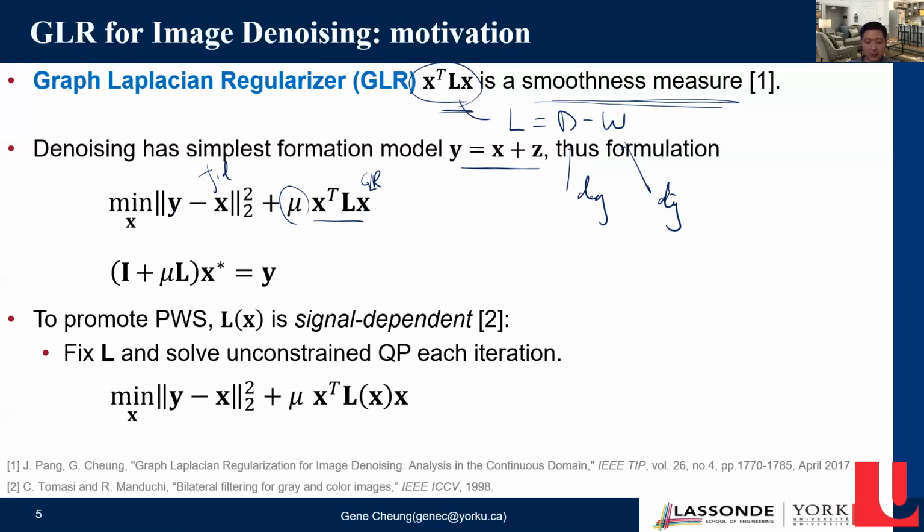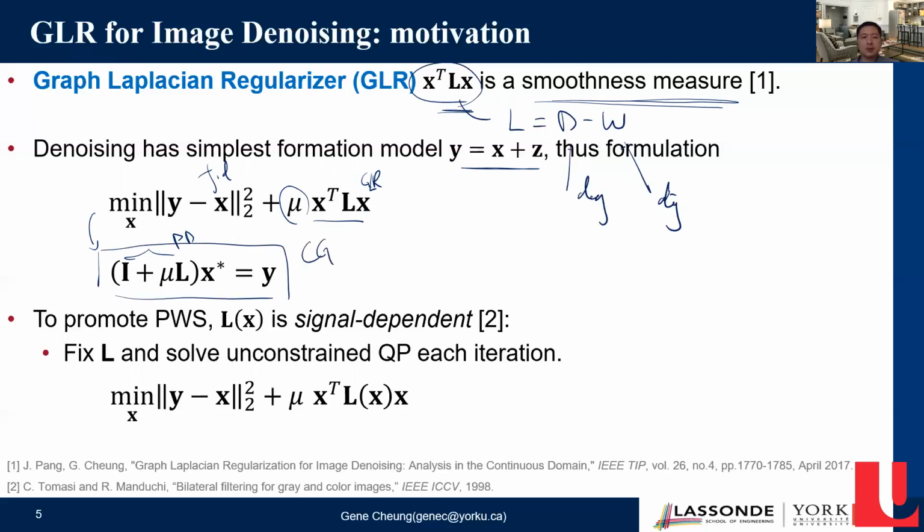In this particular case, because it's an L2 norm minimization, the solution to this problem is a system of linear equations. You notice this matrix here is positive definite and sparse in general if L is sparse. So instead of inverting the matrix, which you can certainly do, you can just solve the system of linear equations using things like conjugate gradients.